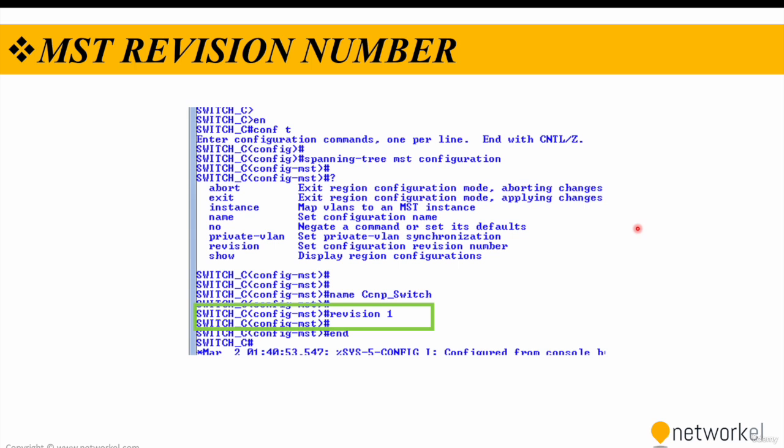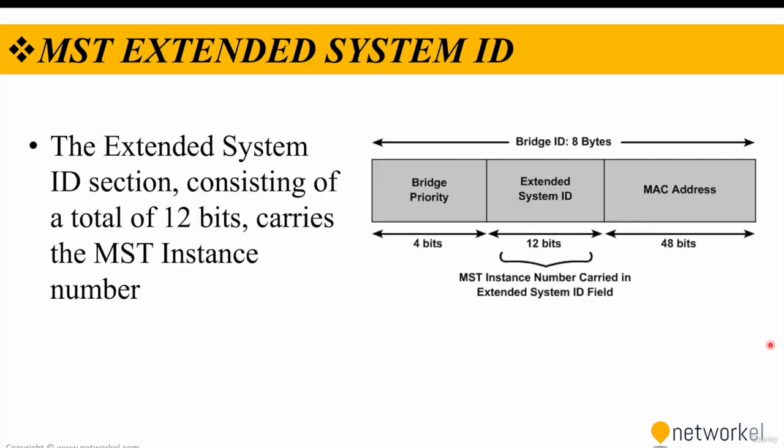The revision number is not automatically incremented each time you make changes to the MST configuration, guys. This is very important. Each time you make changes, you need to increment the revision number one by one manually.